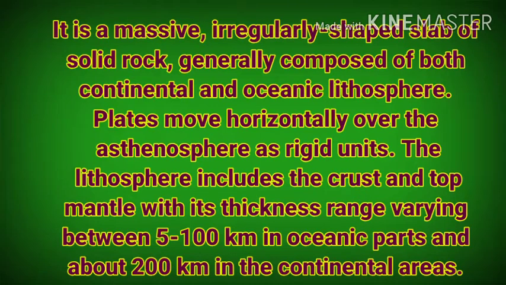The theory of plate tectonics proposes that the Earth's lithosphere is divided into 7 major and some minor plates. Young fold mountain ridges, trenches and faults surround these major plates.